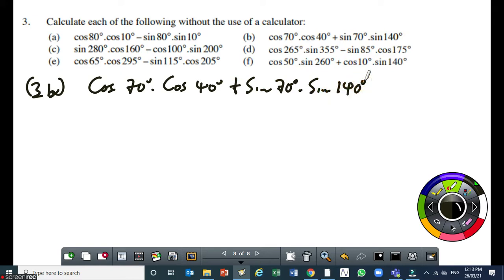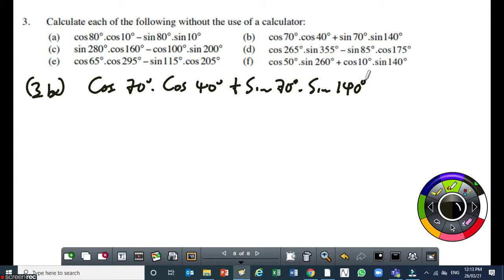Now this one is slightly more complex because you see that we've got 70 degrees here, we've got 70 degrees here. That's fine. We've got this 40 here, we've got 140. It means we have to convert this 140 to 40 degrees first before we start doing anything. So you need to know that sine 140 is the same as sine 40 degrees.